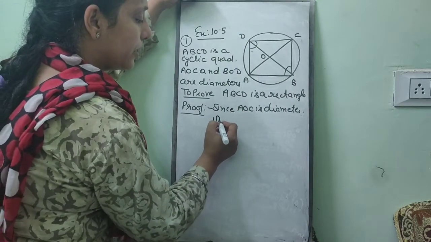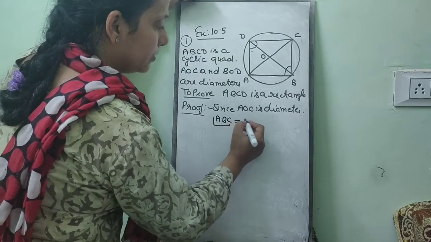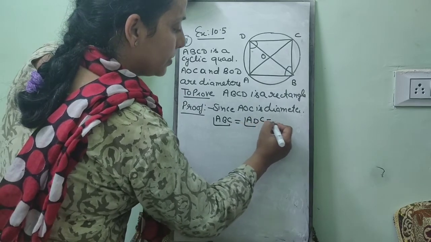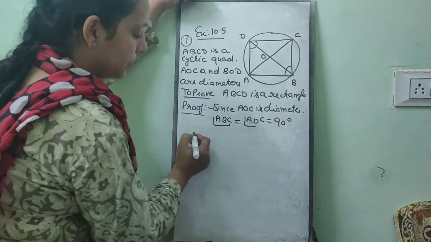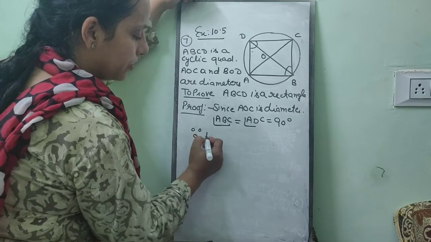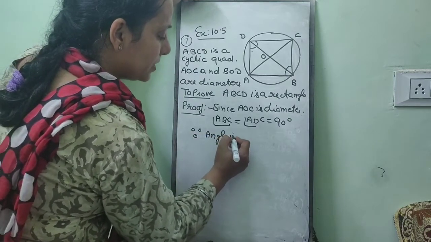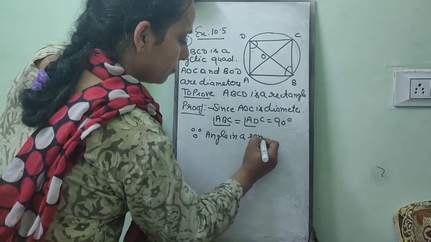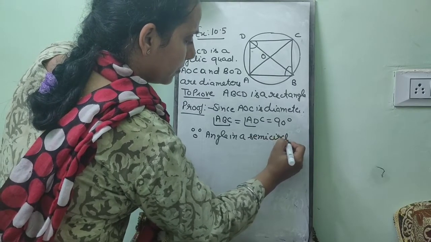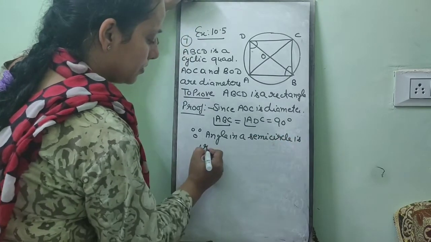It means angle ABC is equal to angle ADC, both will be 90 degrees. Why? Because the angle in a semicircle is a right angle.